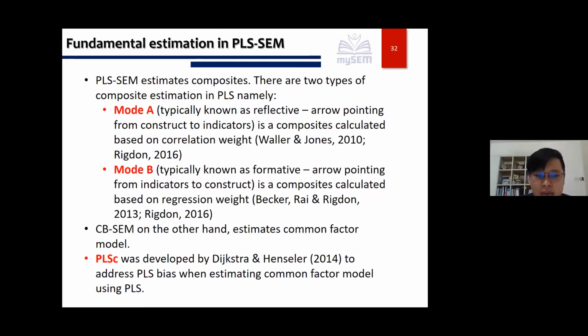But on top of that, when we have CB-SEM, which is the Amos world, or maybe LISREL or Mplus, we always have another type of estimation. We call it the common factor model.